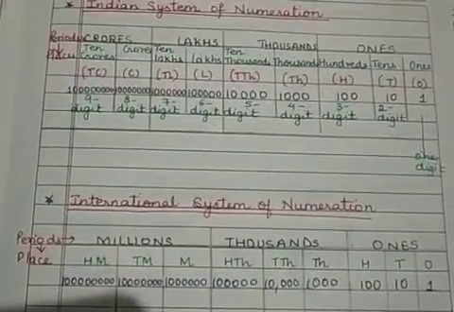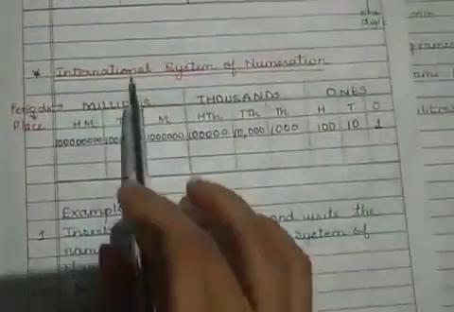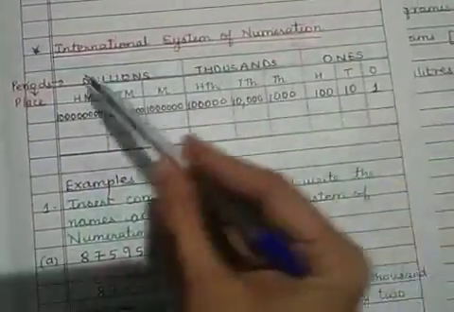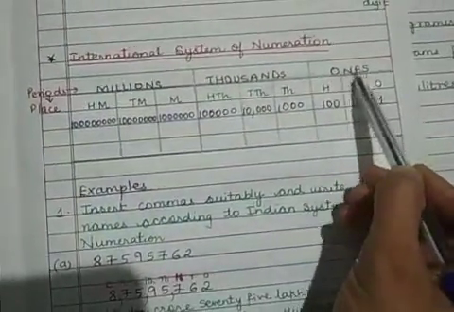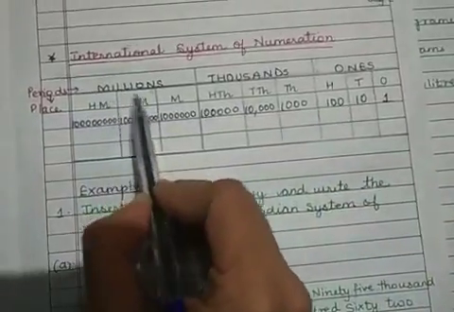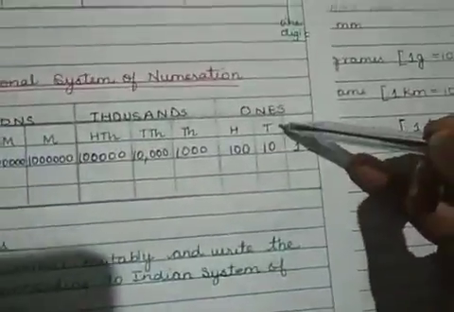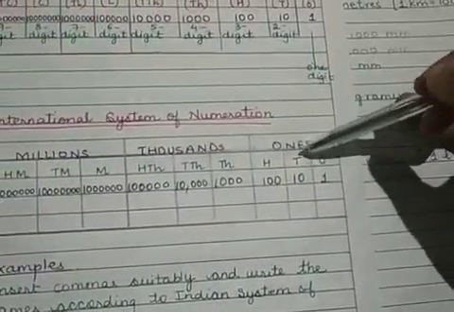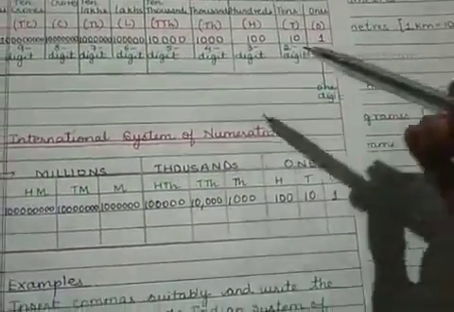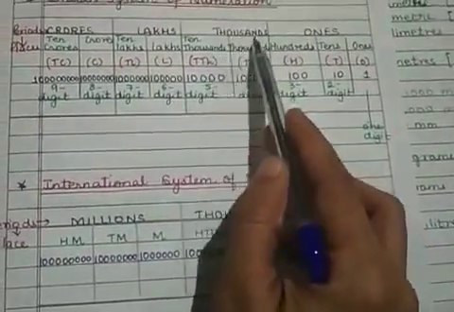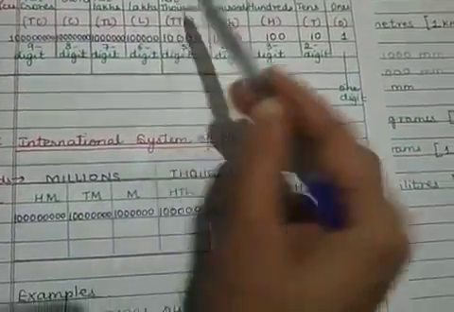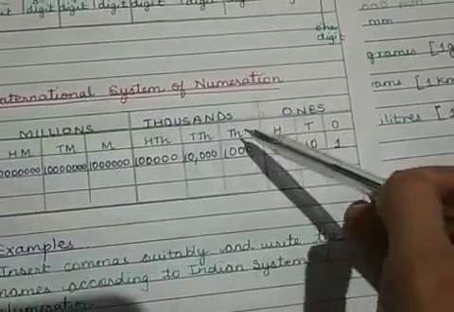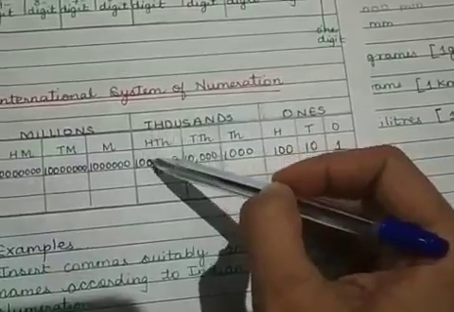Now what happens in the international system? In the international system of numeration, you have 3 periods, which are ones, thousands and millions. In the ones period, just like in the Indian system, there are ones, tens and hundreds. In the thousands period, for the Indian system you have 1,000 and 10,000, but in the international system you have 3 places: thousands, 10,000s and 100,000s.